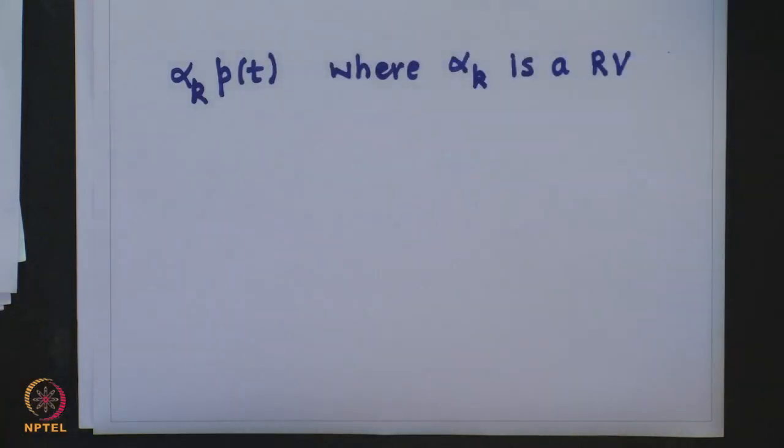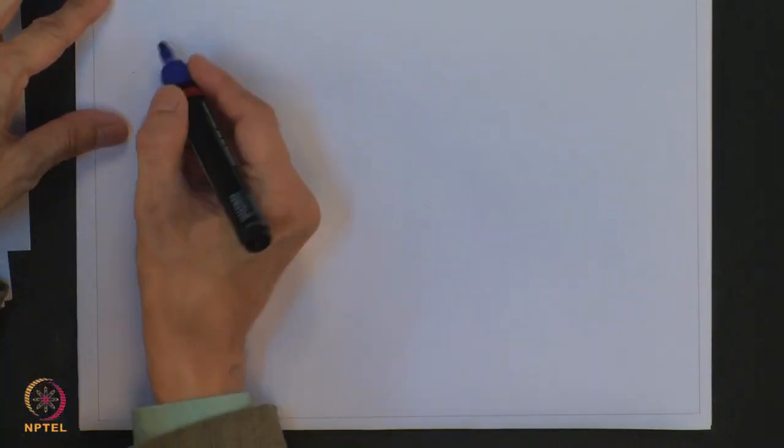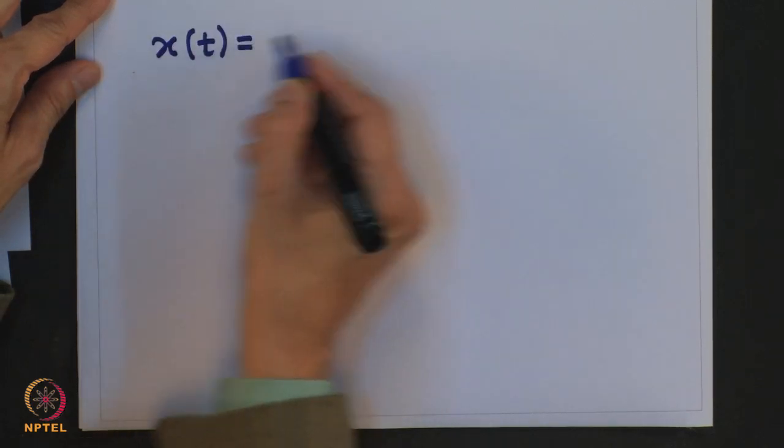So, if this is the model which we assume for our transmission, we can write our digital signal of this form.